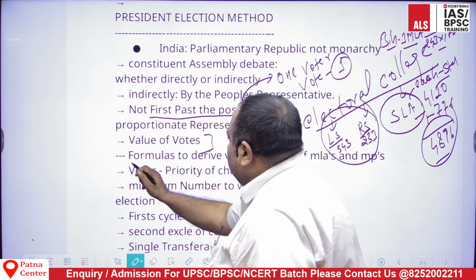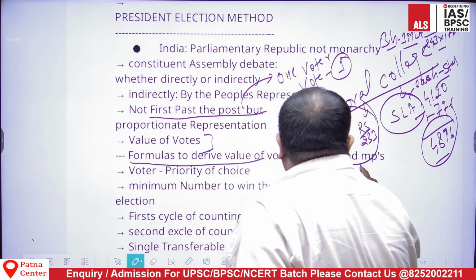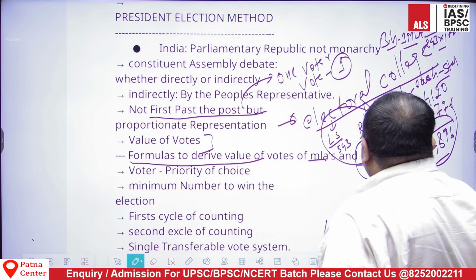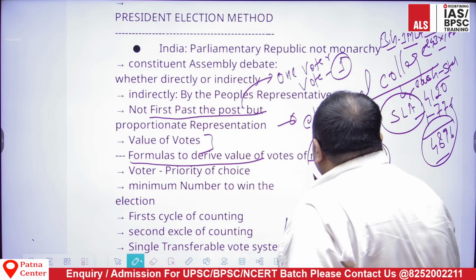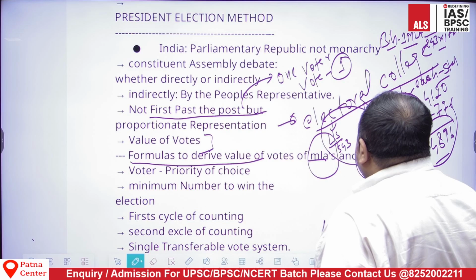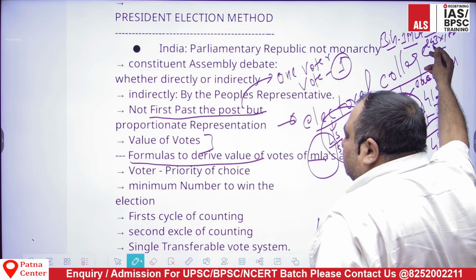So, the value of votes: there is a formula for both the MLAs and MPs. All the MPs will carry the same value of votes, but there will be a difference between MLAs from different states due to different population and different state legislative strength.